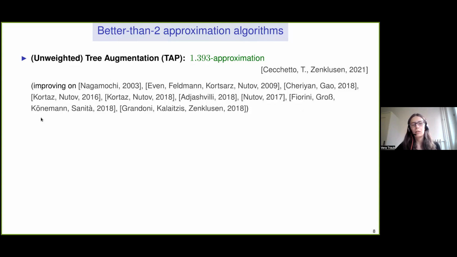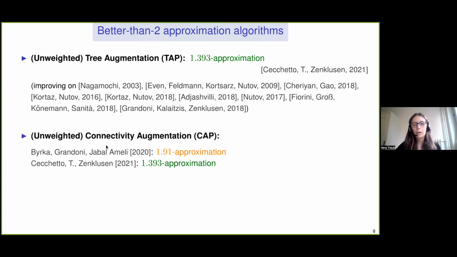So even though this TAP problem was studied so heavily, it took quite a while until we got the first better-than-2 approximation also for the connectivity augmentation problem. Here, the first better-than-2 approximation was only given in 2020 by Byrka, Grandoni and Jabal Ameli, and they obtained a 1.91 approximation.